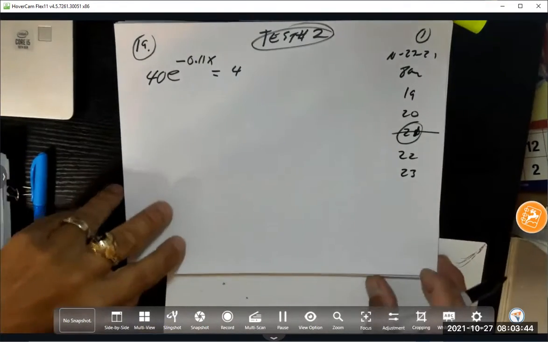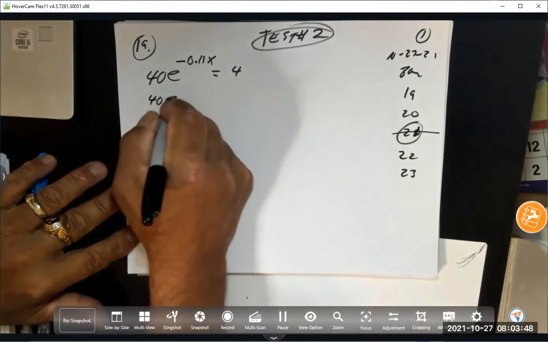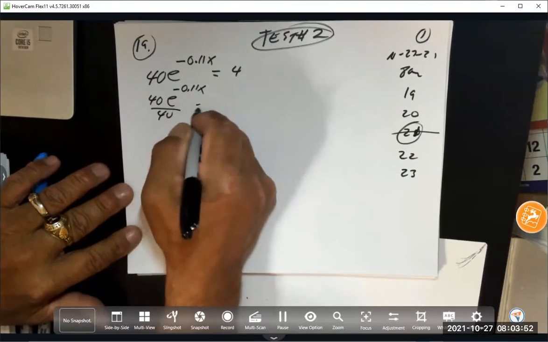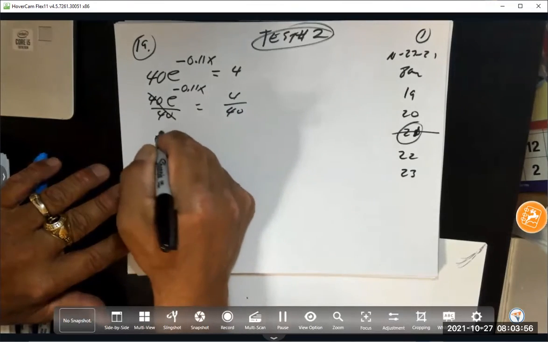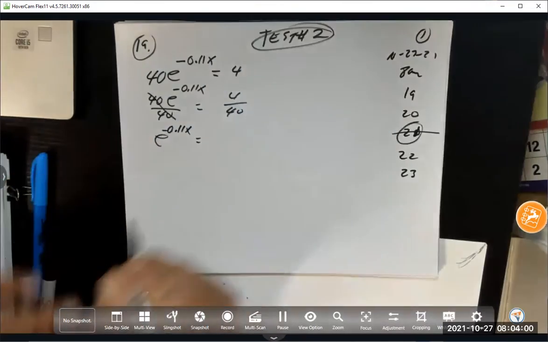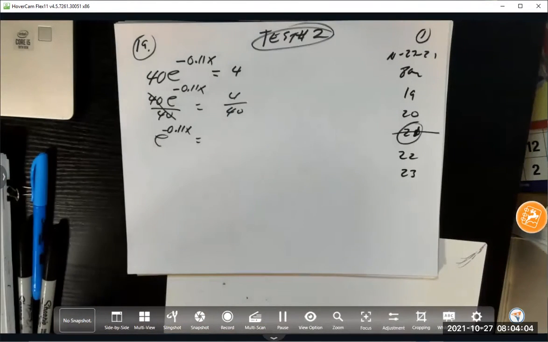So step number 1, when we did number 19, you went like this. You divided both sides by 40. Okay, so everybody do that right now on your calculator. What's 4 divided by 40? Do it in the calculator. What y'all get?